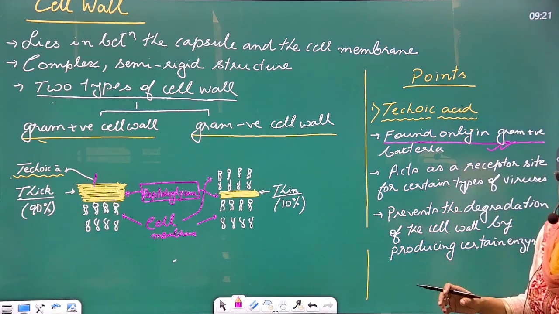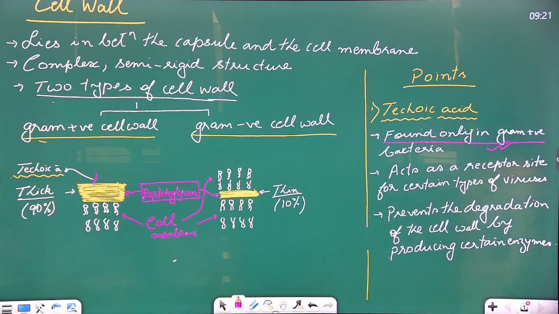It is found only in gram-positive bacteria, right? It acts as a receptor site. Is this point understood? Receptor means the area where you will receive a virus, right? Is it over? If this is over, the next point would be point number 2, peptidoglycan.